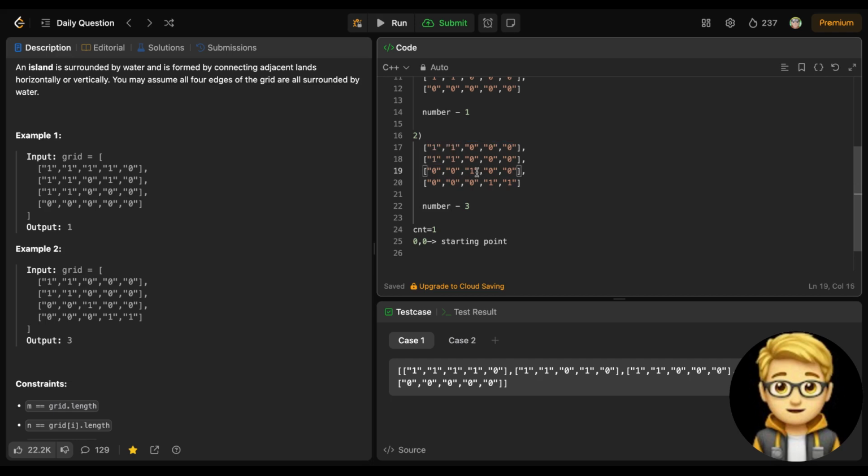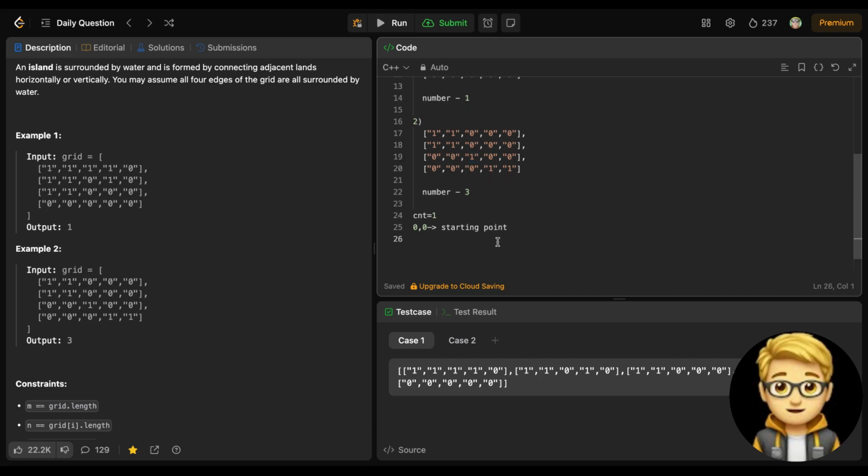So 2,2 will again be a starting point. I am confirmed that there will be two islands here, so I increment the count again. Now I check all four directions. Here there is only one land, and the other four directions are water.